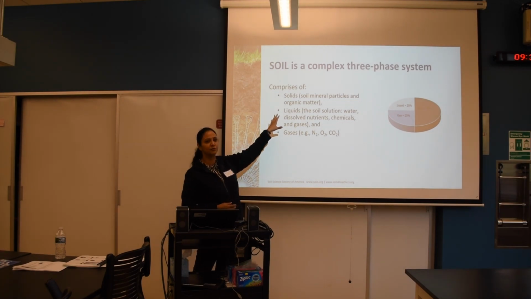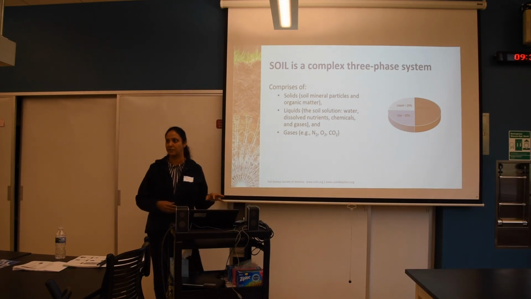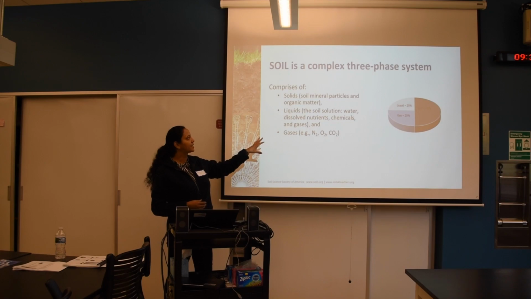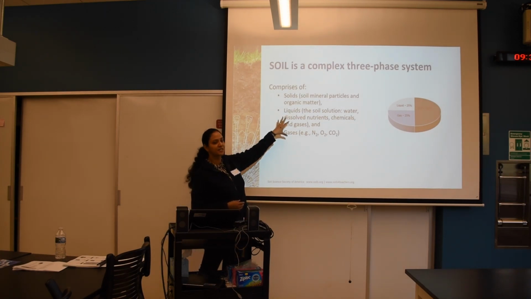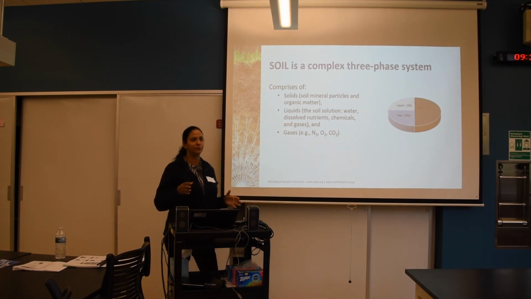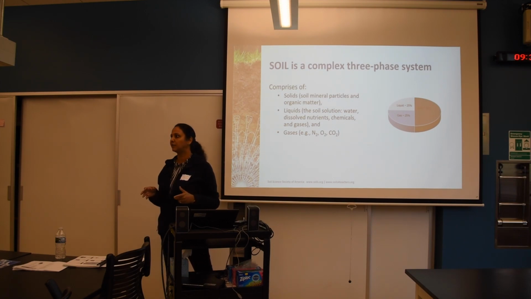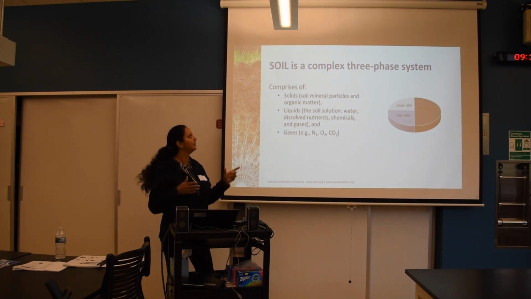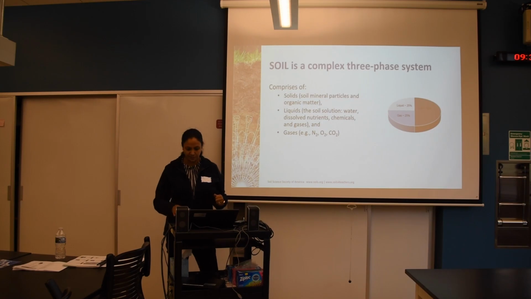The solids are about 50%, with the minerals about 45%. Then we have the organic matter from 1 to 5%. And the liquids and gases are about 25% each, but they constantly change. When we have waterlogged soils, the amount of air definitely decreases. But if we have well-drained soil, then it's normally 25-25. So depending upon the conditions of the soil, the composition changes.